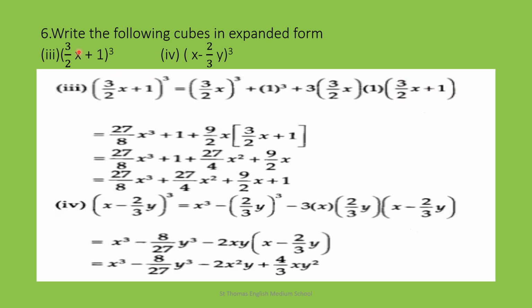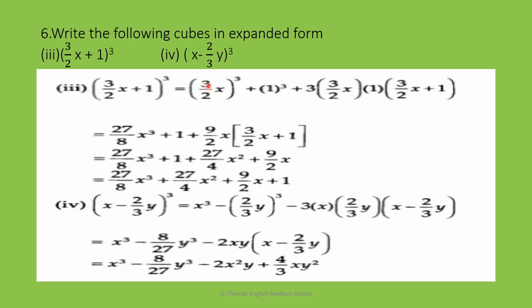Replace a as 3 upon 2x, b as 1. Therefore (3 upon 2x + 1) whole cube equal to a cube, that is (3 by 2x) whole cube. Please don't forget to put the bracket, + 1 cube + 3ab, that is 3 multiplied by 3 by 2x multiplied by 1 multiplied by (a + b), that is (3 by 2x + 1).